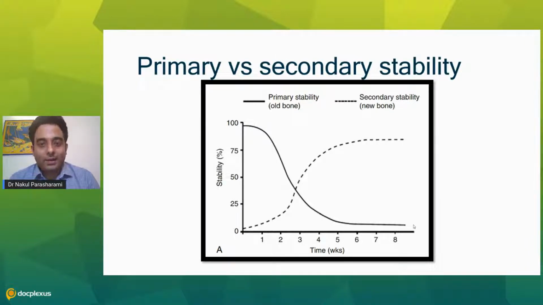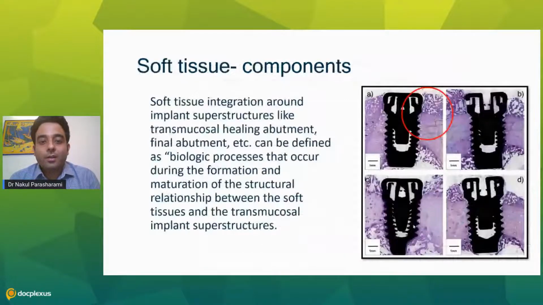It can be defined as the biologic process that occurs during the formation and maturation of the structural relationship between soft tissues and the transmucosal implant superstructures. Now, as you can see in the slide, there is a kind of soft tissue overgrowth along the implant.